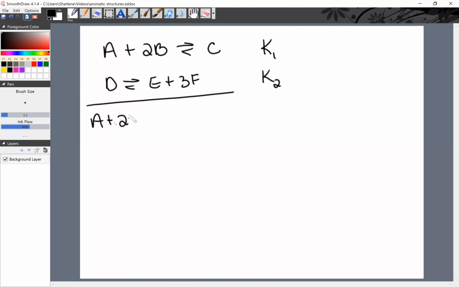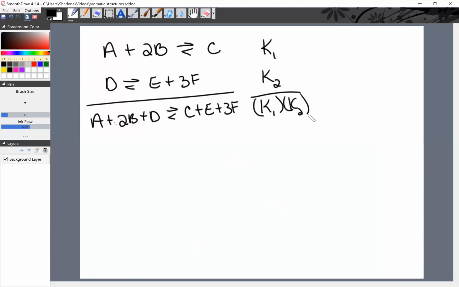A plus 2B plus D is in equilibrium with C plus E plus 3F. Right, that is my new equation. And the new K is K1 times K2. So I can manipulate as many equations as I want to come up with a new K value.